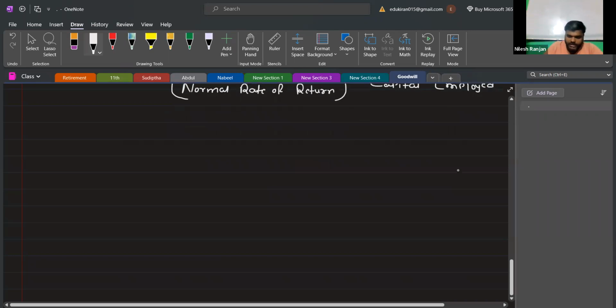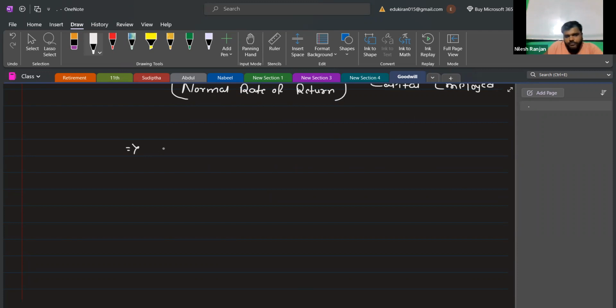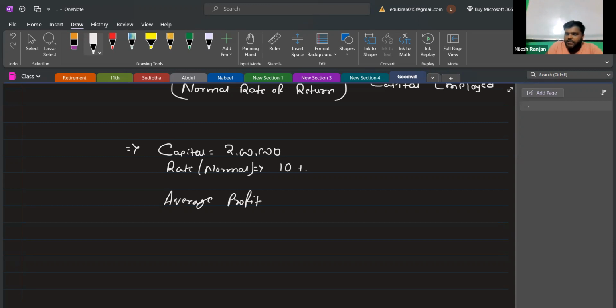Okay, let me write it here. Let's say the capital employed is 2 lakh, the normal rate is 10%, and the average profit or actual profit is 30,000.